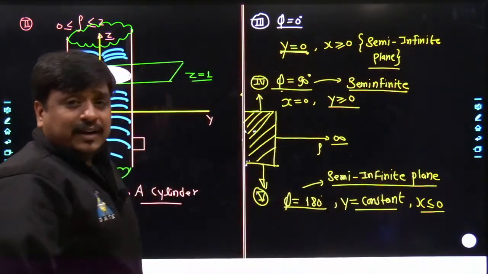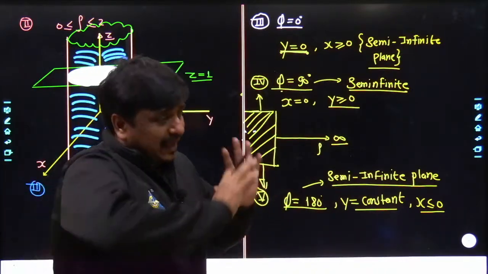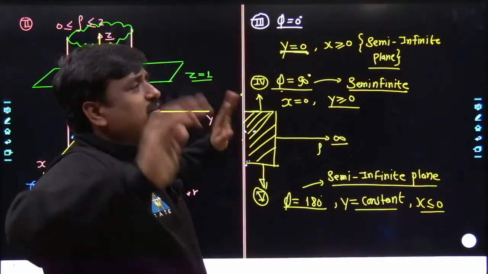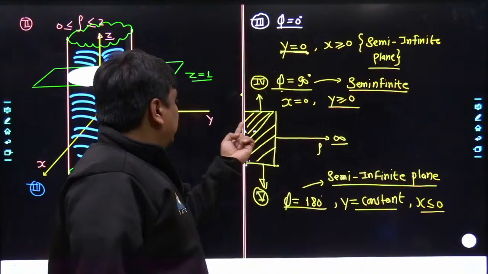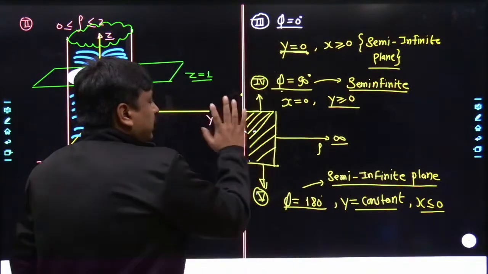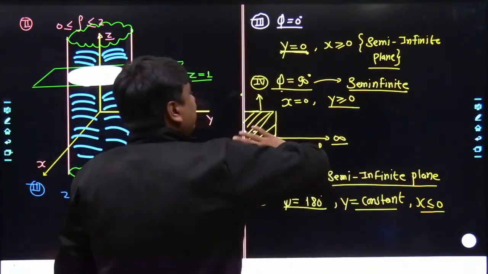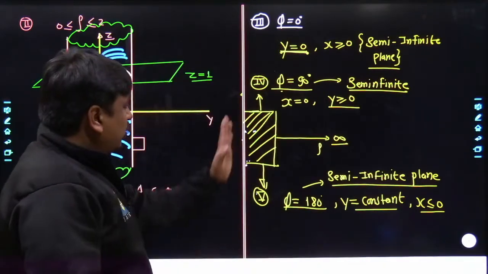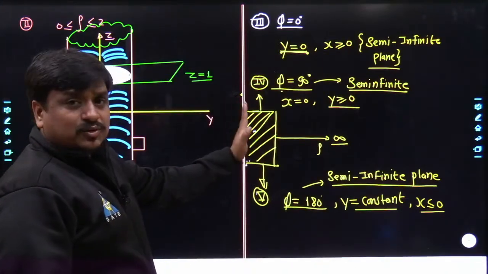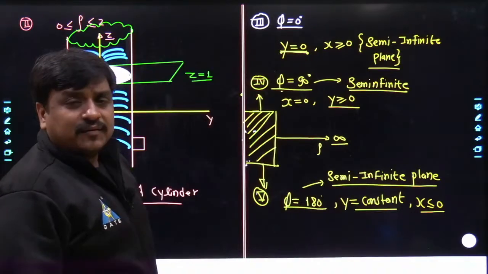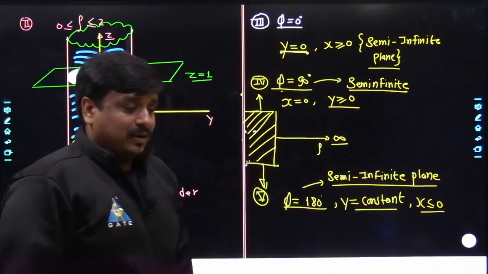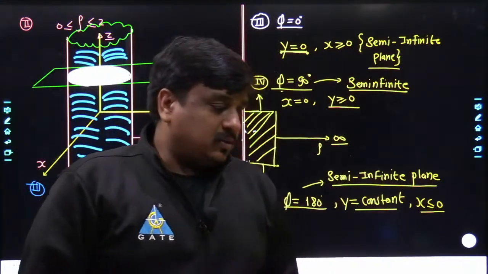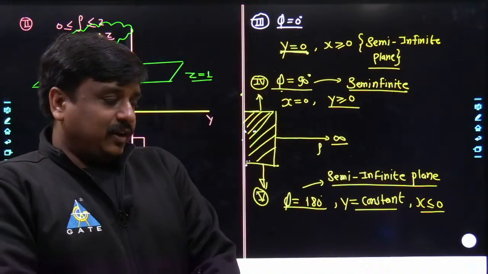Infinite plane means there is no restriction. It can keep going towards the left-hand side, right-hand side, upside and downside. But here it is possible to move towards the right-hand side, upside and downside, but there is a limitation towards the left-hand side. It cannot go beyond y equals 0. That is why, rather than calling it an infinite plane, I call it a semi-infinite plane.